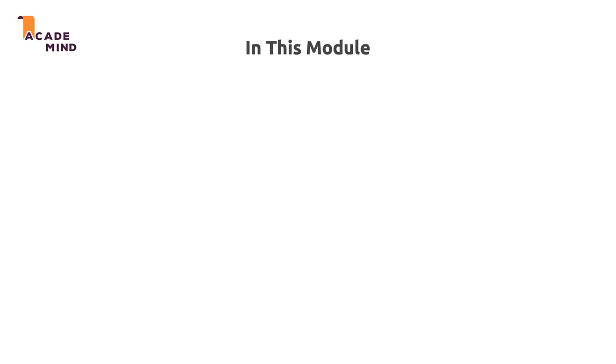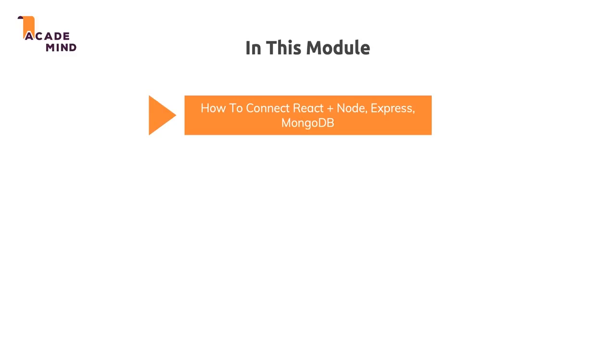Specifically in this module, we will have a look at all the different pieces, React, Node, Express, and MongoDB, and understand how these pieces are connected or how these pieces are working together. Because of course that is in the end the essence of the MERN stack, that you understand how to combine all these technologies.